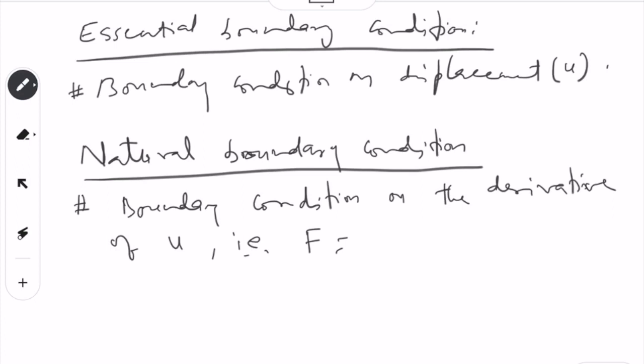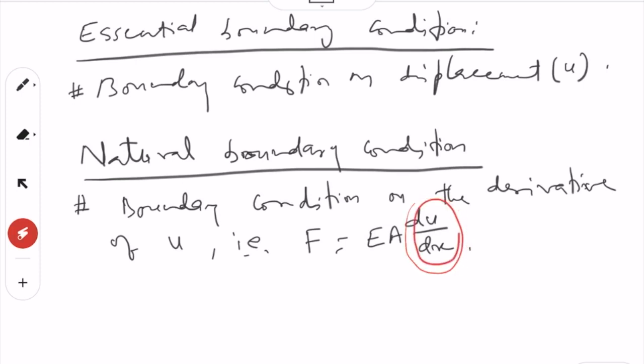So, basically, when you say EA du over dx, that is nothing but force only. If you have a boundary condition on force, which is proportional to the derivative of displacement, then you call it a natural boundary condition.